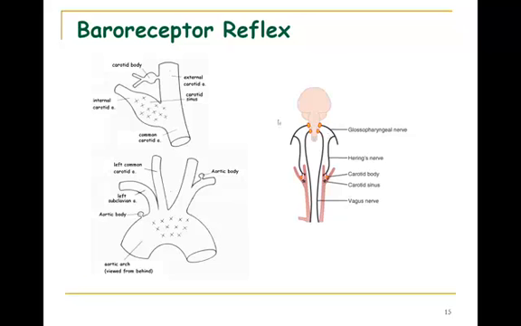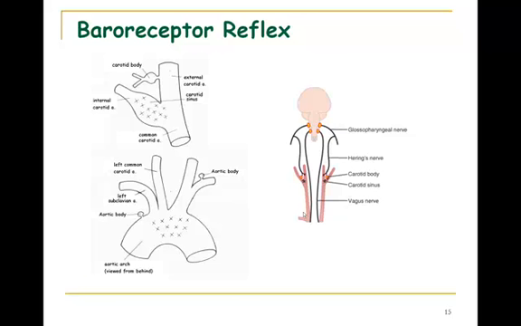These receptors respond to pressure changes. The carotid sinus and the aortic bodies both respond to a pressure range of 120 millimeters of mercury. But you'll notice in your notes that the carotid sinus responds to pressures between 60 and 180 millimeters of mercury, while the aortic bodies respond to pressures from 90 to 210 millimeters of mercury.